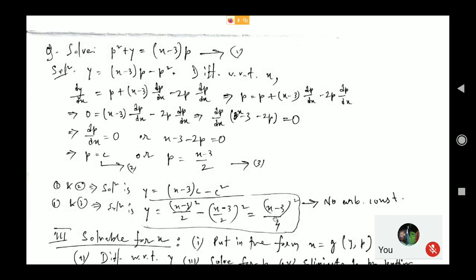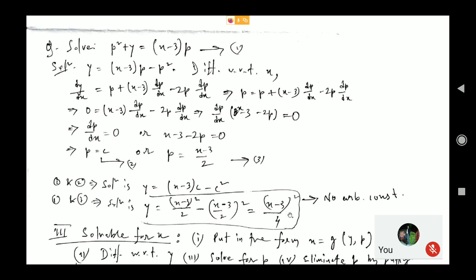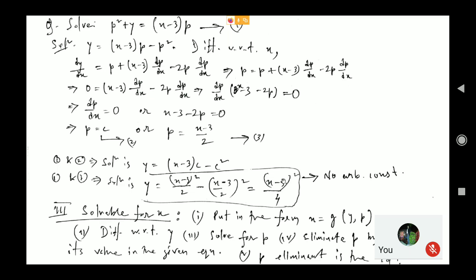So here, although this is a solution, you can see by replacing y equal to x minus 3 square by 4, that it will satisfy the equation. So it is a solution, but there is no arbitrary constant. That means it is just a particular solution, one solution. We are not interested in only one solution, but a family of solutions.